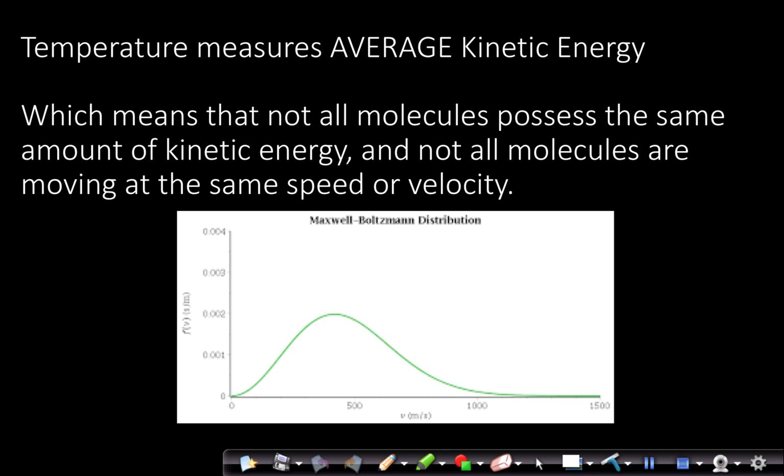Remember that kinetic energy and speed are two different things, but the average kinetic energy is just the average of that amount of energy that the molecules possess. The speed is also related not only to the temperature, but also to the molecular mass. Remember that molecules that are heavier or lighter will move at different speeds, but at the same temperature, they will have the same average kinetic energy.